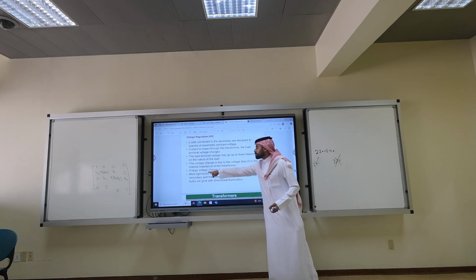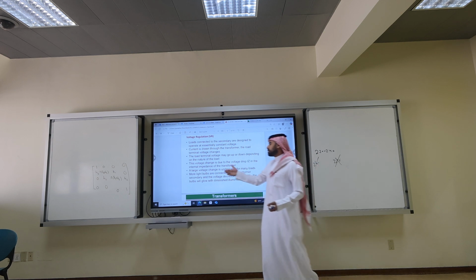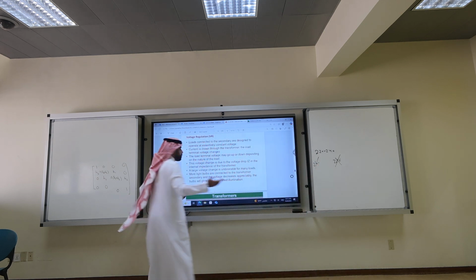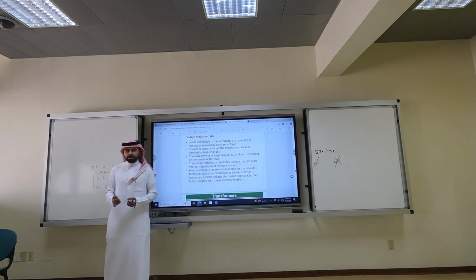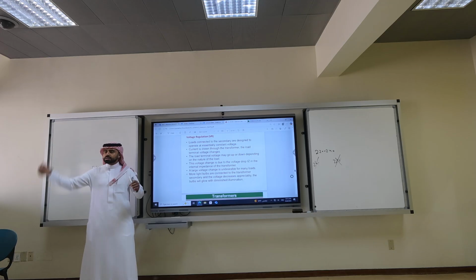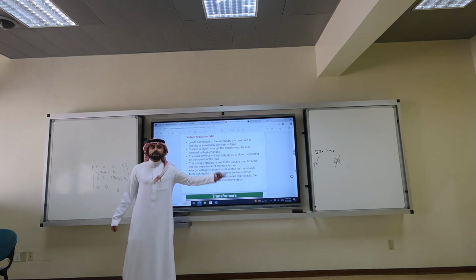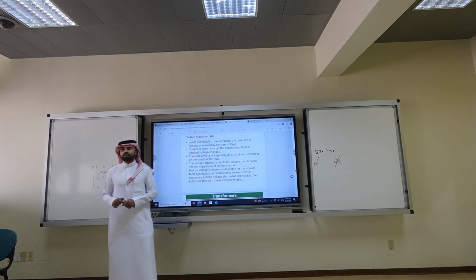So a large voltage change is not desirable for the loads. When we connect more light bulbs, for example, to the transformer, they start to fade down because you have to increase the input voltage of your transformer. But in reality, the voltage is 220. Do you remember my transformer?